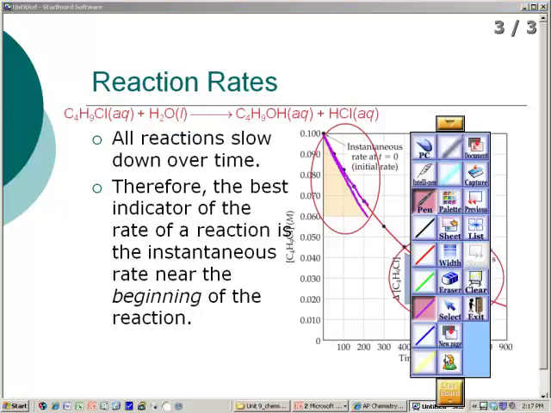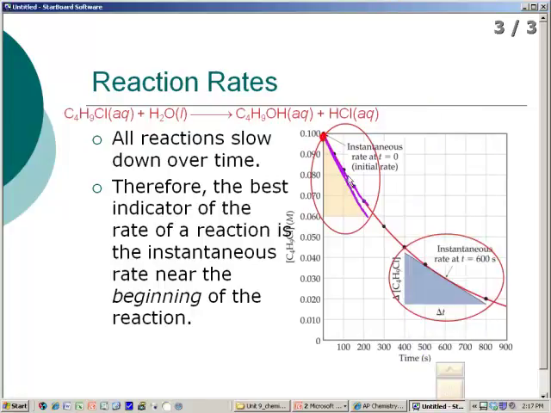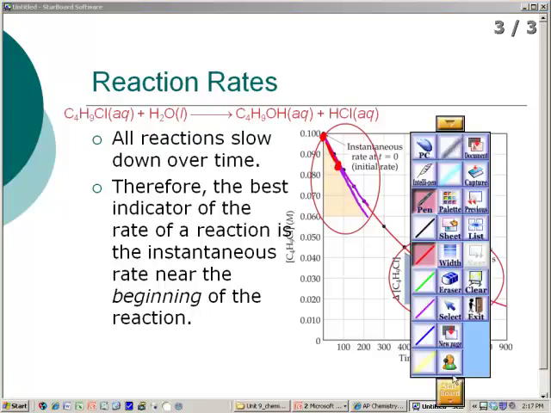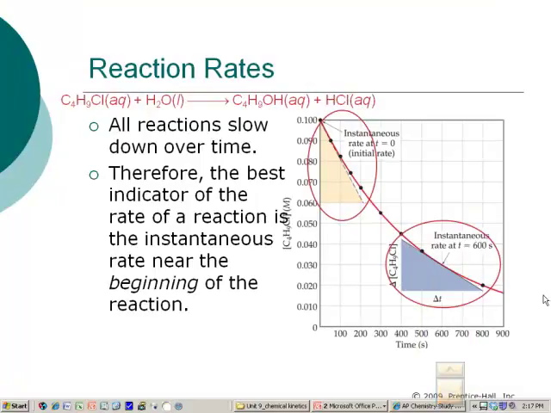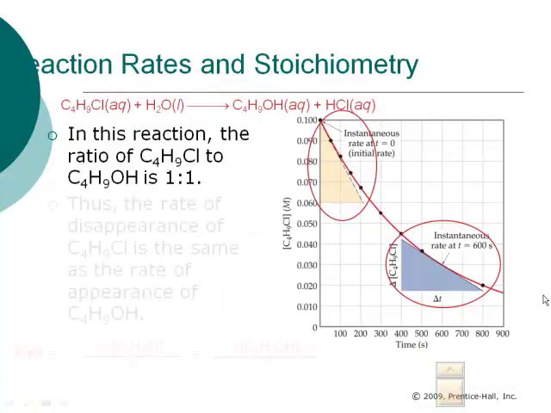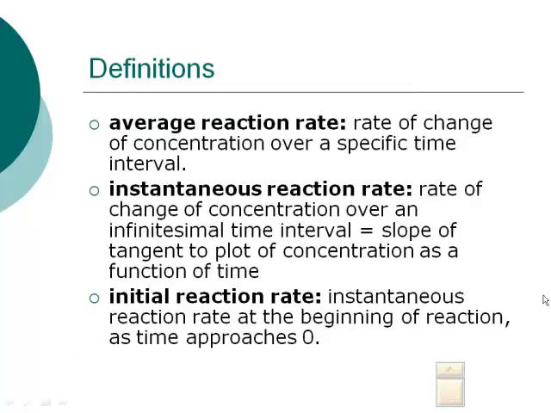Do you see how between right here and right here, the tangent is really darn close to the actual line being formed? And that's why they like to say that the initial reaction rate is a really close indicator for the true overall reaction rate. So this initial reaction rate that they're talking about is a really good indicator at the very beginning of the reaction of the true reaction rate at the beginning. And you know that it slows down over time.